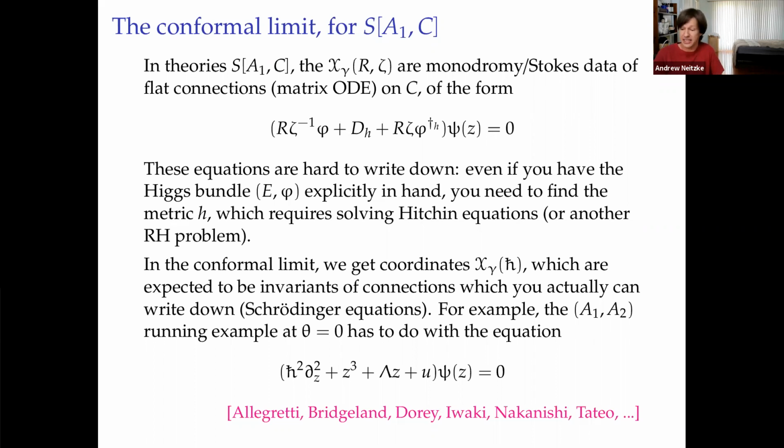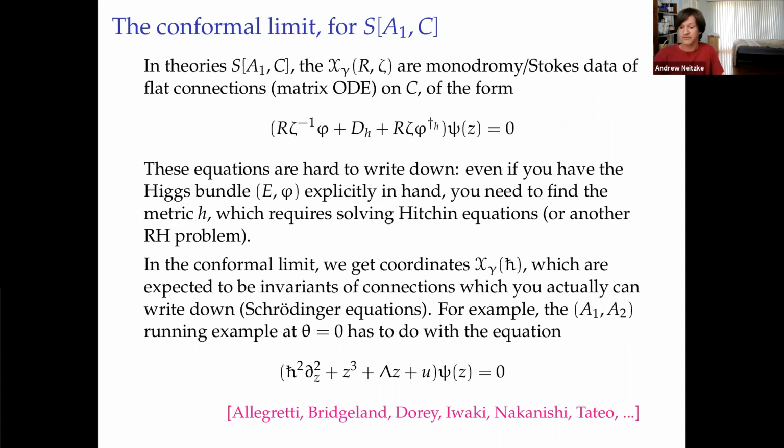So, for example, in the A1, A2 case, the relevant equation is literally just this Schrodinger equation with cubic potential in the complex plane. Literally the equation that I wrote at the bottom. And then you're studying some kind of Stokes invariance of that equation. Or if you don't like irregular singularities, you can do it on a 4-punctured sphere, and then you're studying the actual ordinary monodromy of a kind of Schrodinger equation on the 4-punctured sphere.